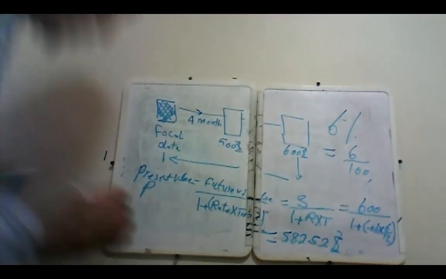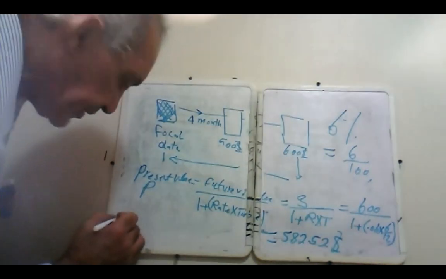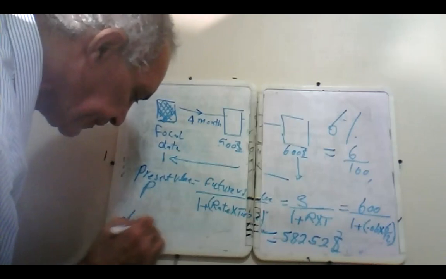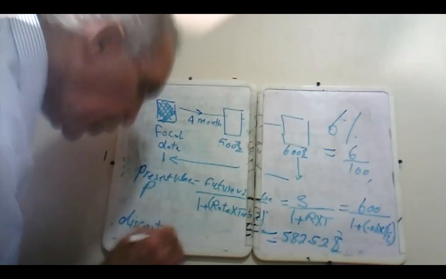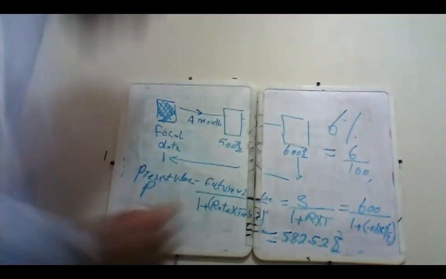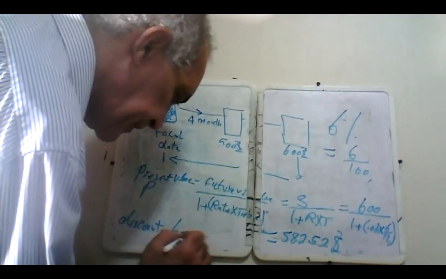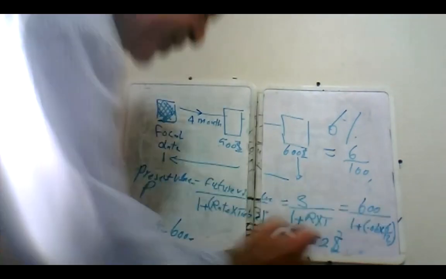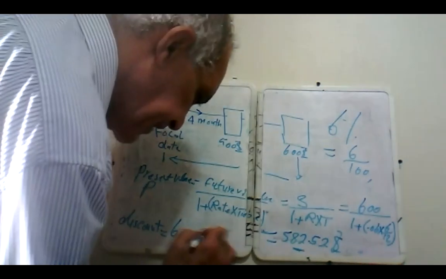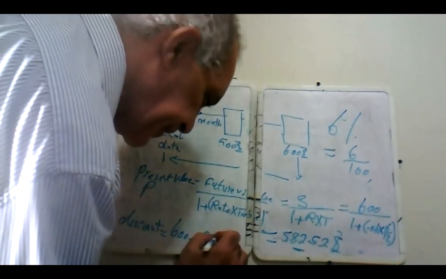The rest, of course, is a discount. If I want to calculate the discount, it will be the nominal value, which is $600, minus the present value, which you got here, 582.52.